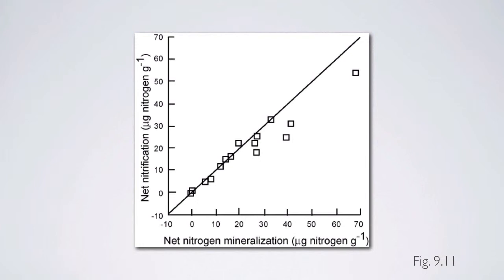This figure 9.11 shows a relationship between net nitrogen mineralization and nitrification. And if you look at the scale here, 0 to 10 to 60, this line right here represents 100% mineralization, 100% nitrification. So 100% of the nitrogen that's mineralized is nitrified.